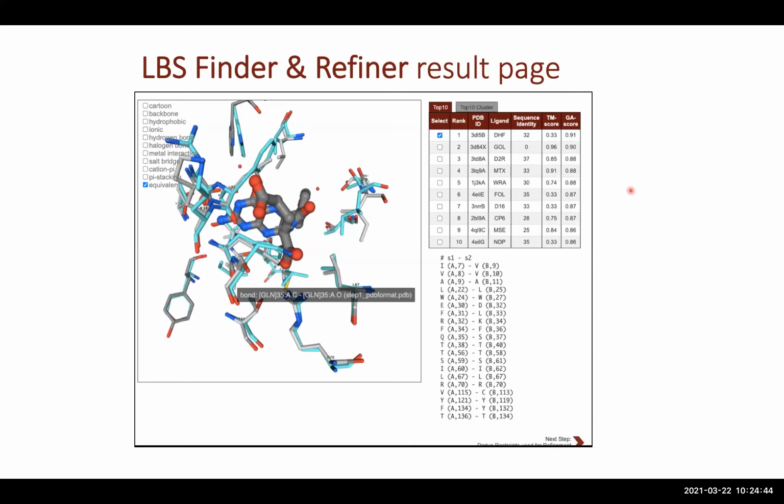So that was the general overview of how you can find binding site on your query protein. Now if you want to do structural refinement on that specific binding site, you can use this equivalent box to display the equivalent residues on your query protein that's shown here in cyan, as compared to the binding site residues from the template that are shown in gray.